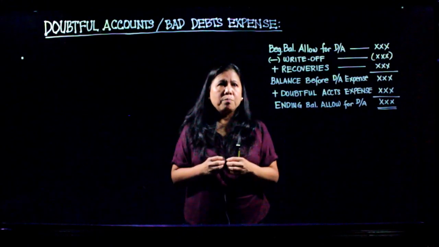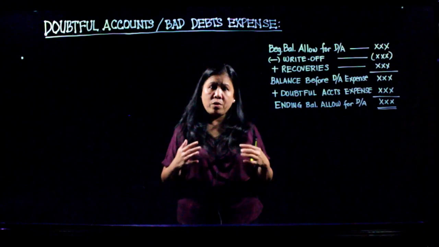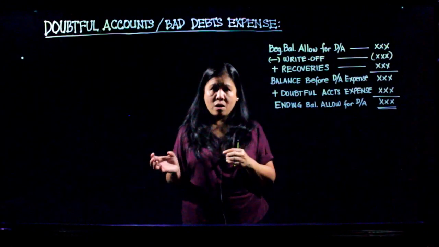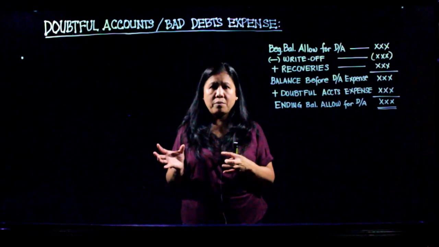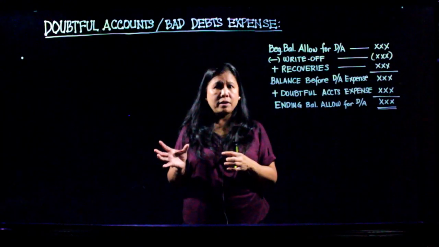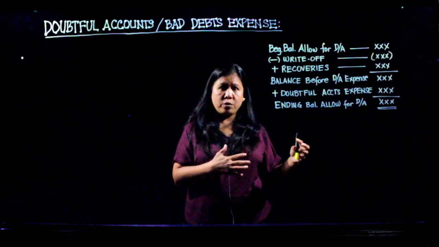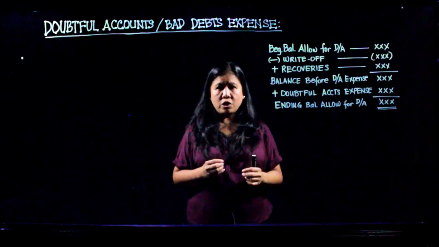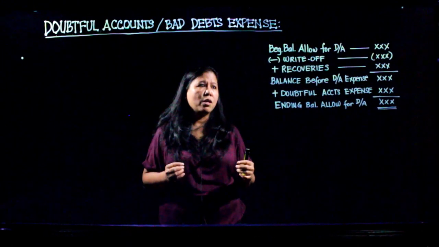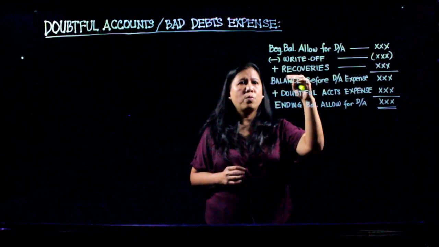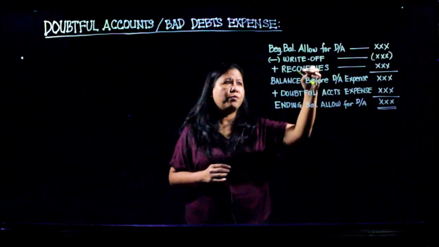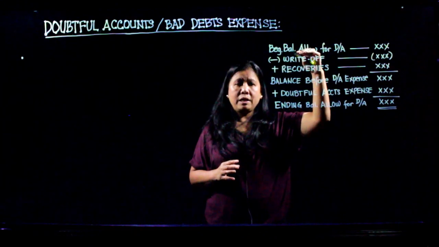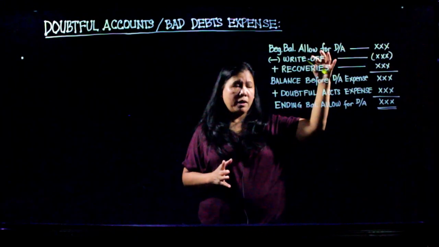Why add? Because when we enter a recovery, we debit accounts receivable to set up that receivable, and we credit allowance for doubtful accounts, meaning we are increasing our balance of allowance for doubtful accounts.